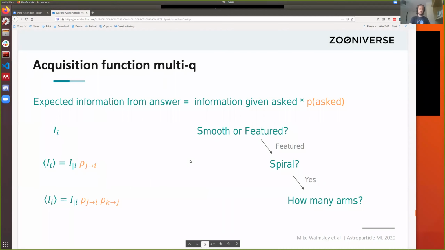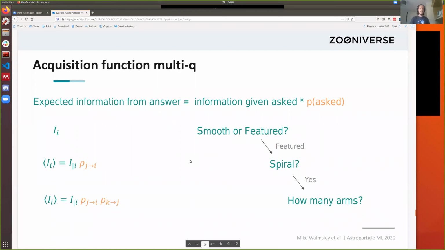The last piece of the puzzle then: we've built a model which can handle our uncertain labels, which can make posteriors over all the questions at once. And we have some acquisition function for saying, okay, what do we think is informative? We just need to generalize that to the multi-question setup. So what do we mean by informative over many questions?